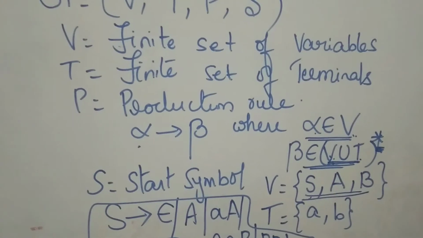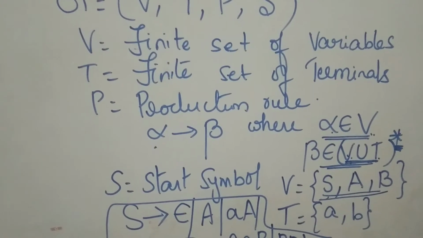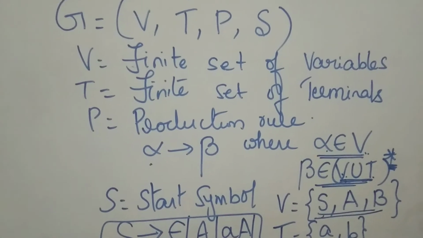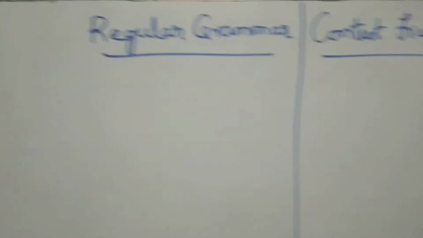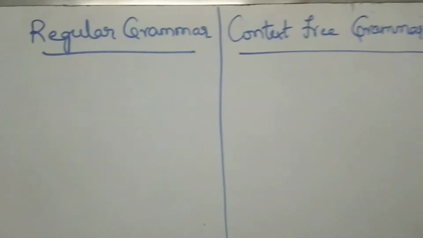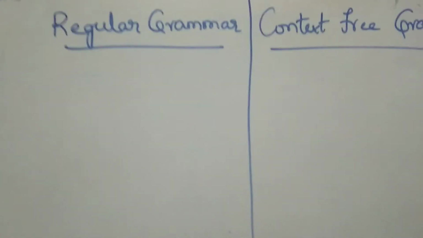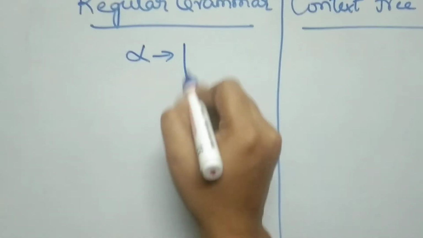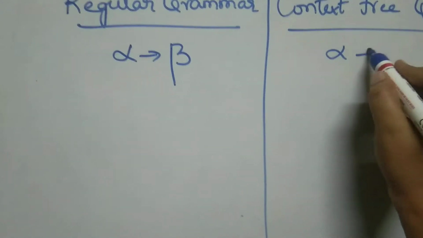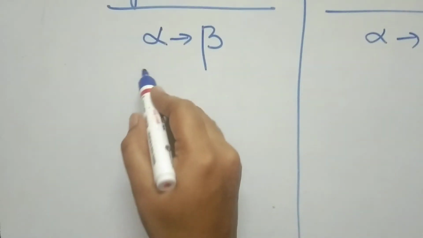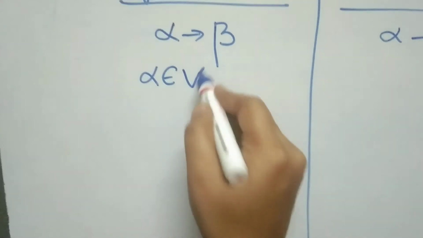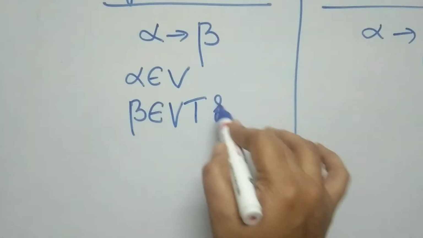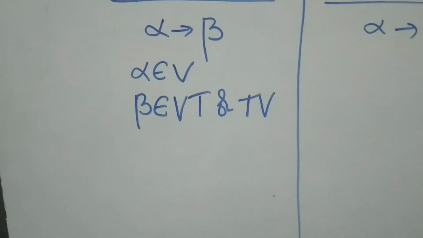Now let us see the difference between regular grammar and context free grammar. In each grammar the production is of the form alpha tends to beta. Here alpha belongs to the variable set, but beta belongs to VT or TV, according to right linear or left linear.